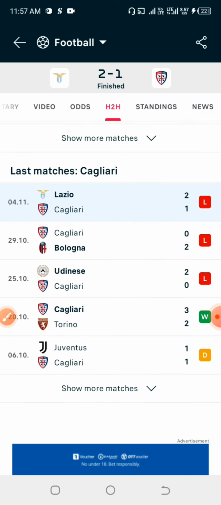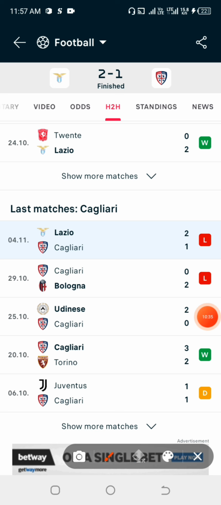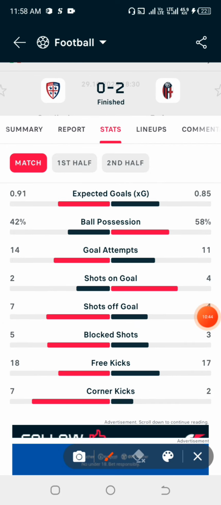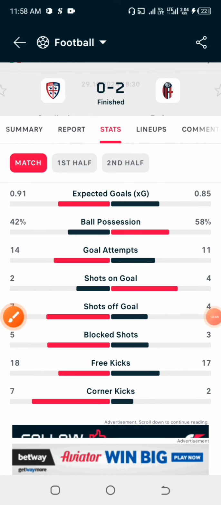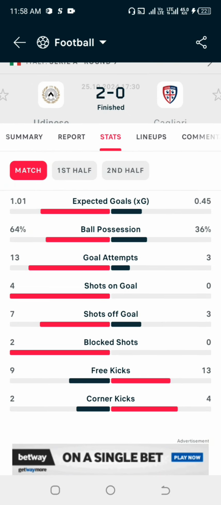So we got a total of 19 corners from the last two games of the home team, which is Lazio. Looking at the previous games of Cagliari before that match, you can see that Cagliari had 9 corners here, and against Udinese they had 6 corners.